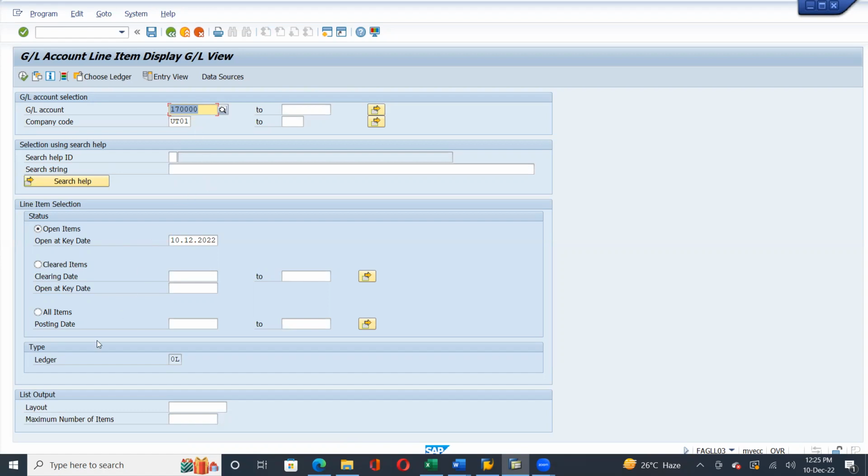I'll go with all items. 1,70,000 ledger account and today's date. So zero ledger by default, it will take. Click on execute.